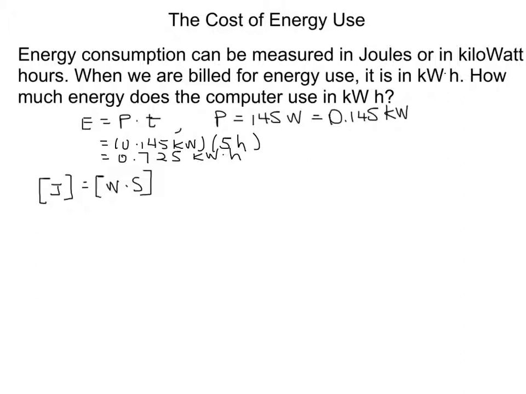So 7 cents to have your computer on for 5 hours. Doesn't seem like a lot in terms of money, but 0.725 kilowatt hours is still quite a bit of energy. So if you leave your computer on for 5 hours when you don't need to use it, you are using up quite a bit of energy.